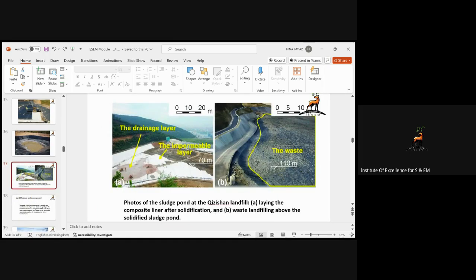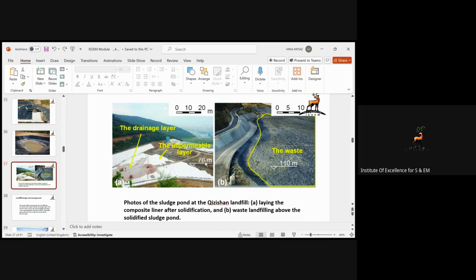This is a practical example, the original image of the sludge ponds at the Physicians landfill, situated in China. So China has already adopted such landfills, in which they are using composite liners, and in figure A you are seeing the laying of the composite liner after solidification.